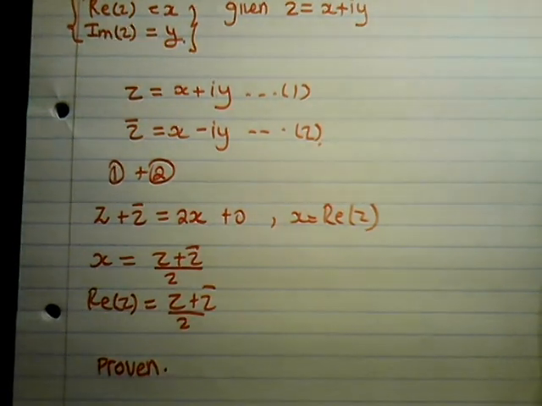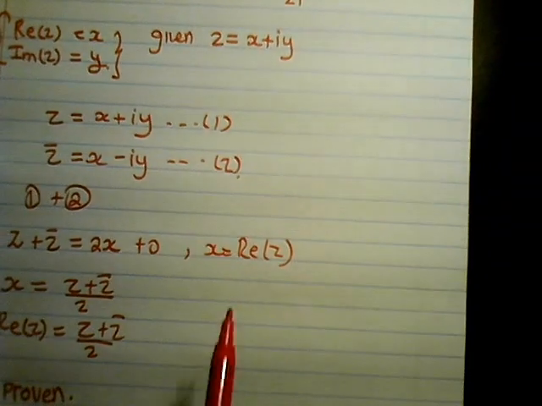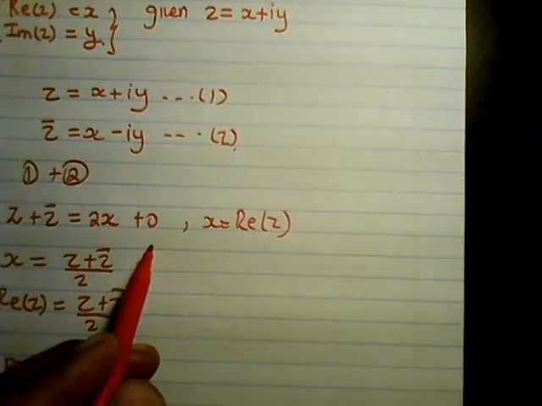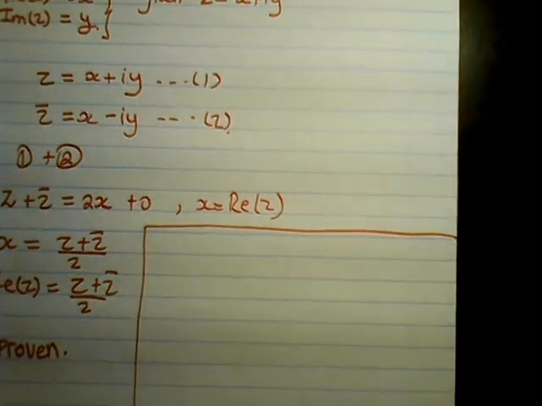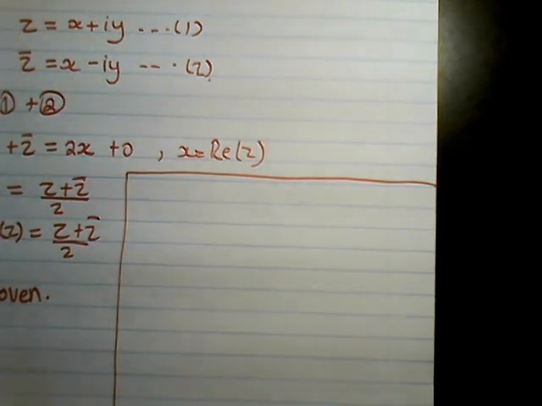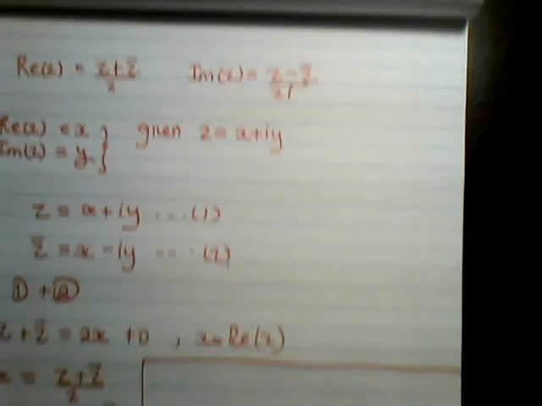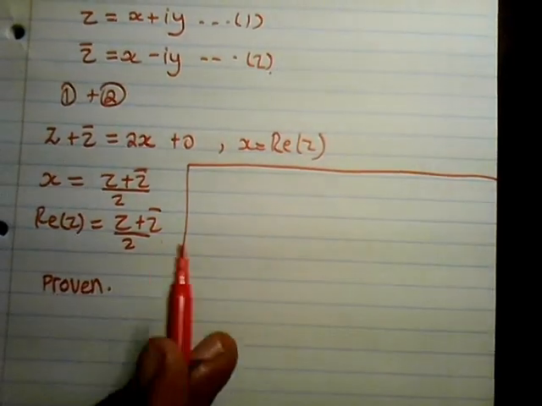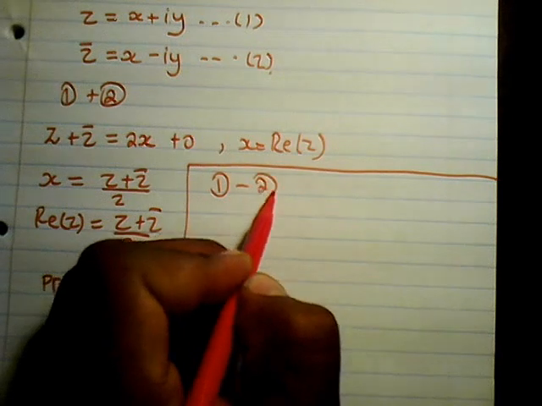Okay, now to the imaginary side, I'm just gonna do it here. Okay, for the imaginary part, which is here, I'm gonna say equation 1 minus equation 2.